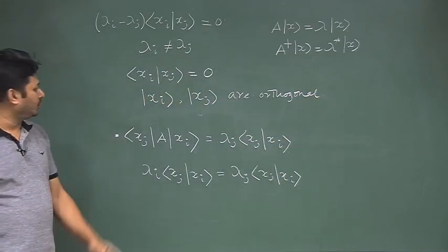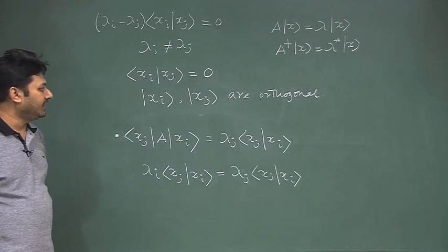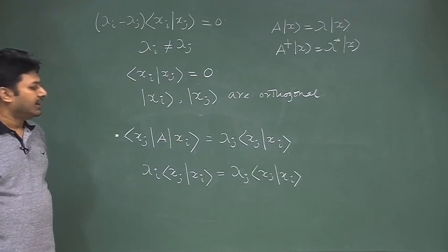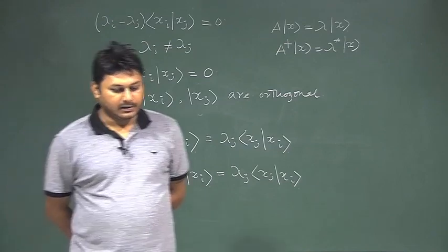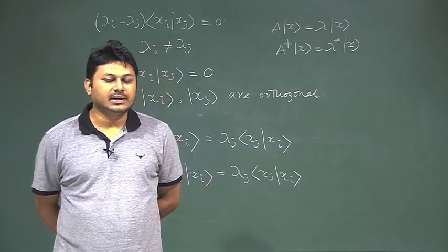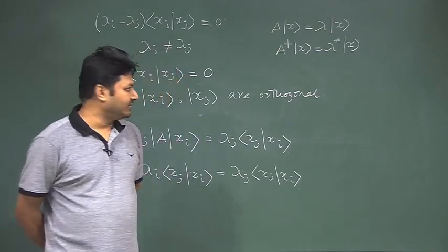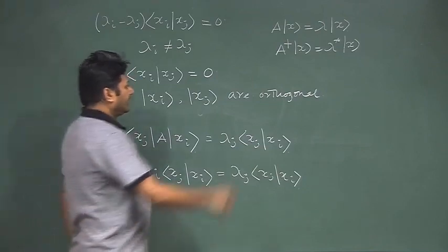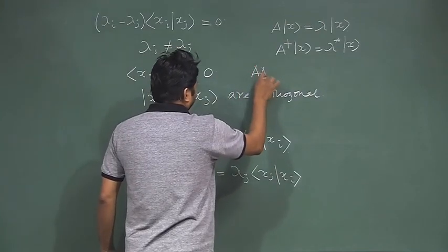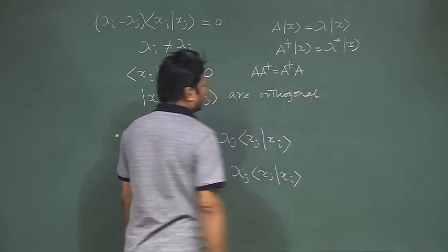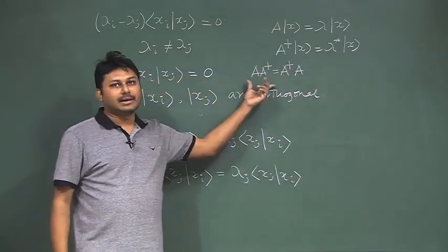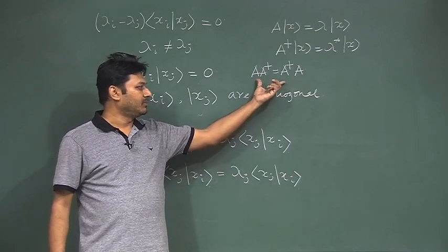So, through this we can prove one very important conclusion, that if a matrix is normal, that means if A commutes with A Dagger, let me write once again to make it familiar. This is a special matrix called a normal matrix.